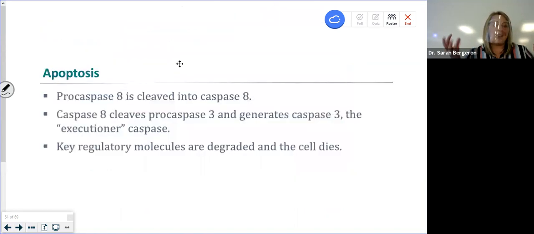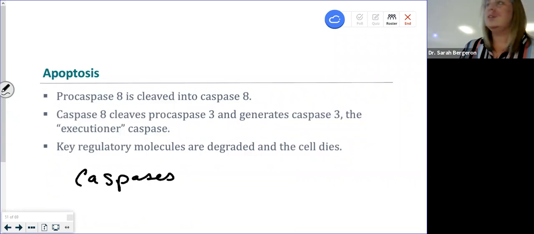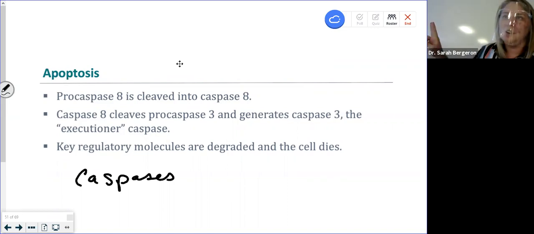So when we talk about that cascade that's going to actually induce apoptosis, it's the caspases. Why do we call them caspases? Y'all have heard of caspases before, right? Yes, no? So yeah, some people have. So caspases are a class of enzymes that work on two different amino acids.